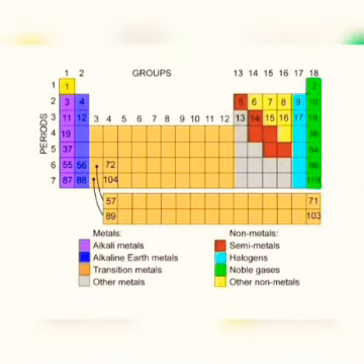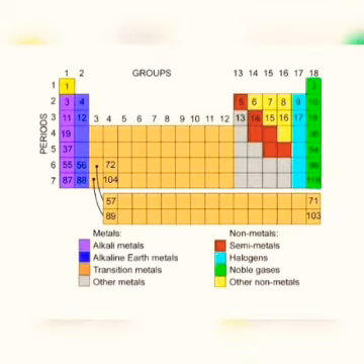Students, just observe this table. In this table, you can see that elements are arranged horizontally and vertically. The horizontal arrangements of elements are called periods. That is, 7 periods are there in a periodic table, and from left to right it continues.